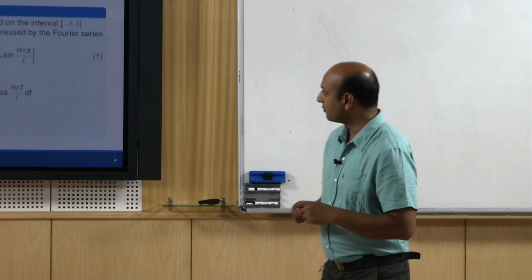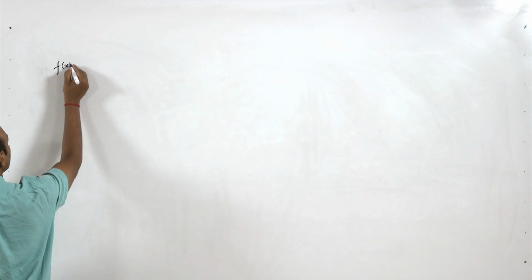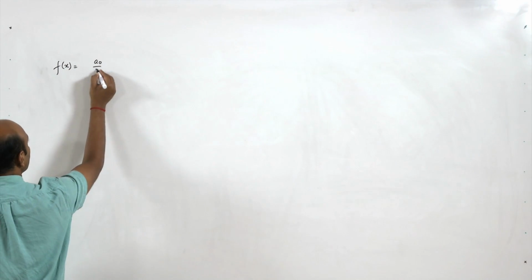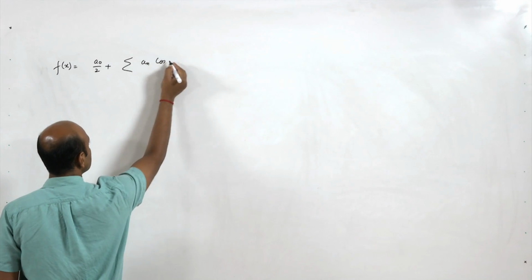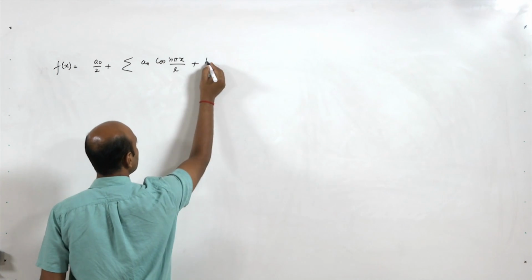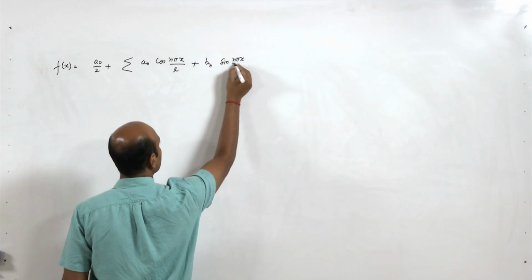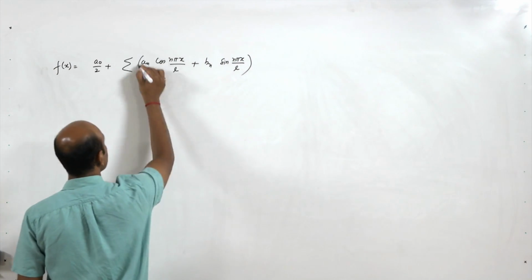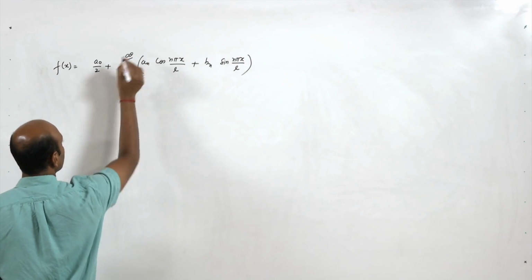We have the Fourier series like this, we already know this: f(x) equals a_0 upon 2 plus summation, n varying from 1 to infinity, of a_n cos(n pi x / L) plus b_n sin(n pi x / L).